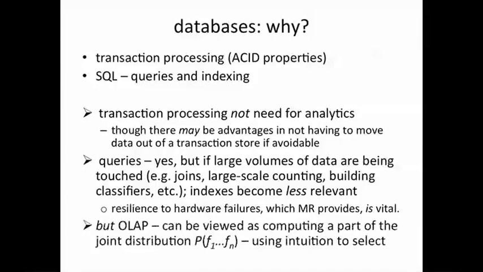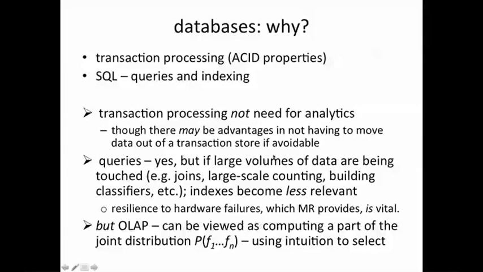Lastly, it's important to recognize that OLAP is also a form of analytics and can really be viewed as computing a part of the joint distribution across all the features, which are the columns of a table, but you're using intuition to select which set of features we want to actually look at. So to summarize, there are two contradictory requirements here in analytics.